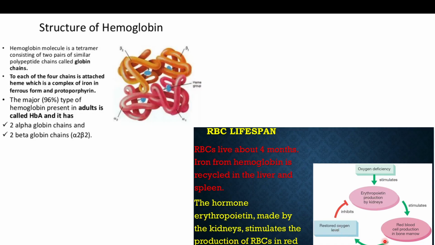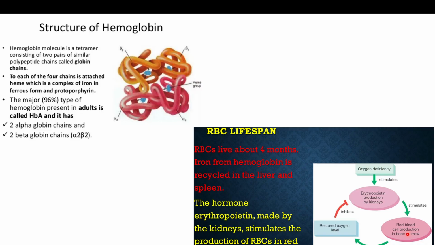Okay. So what happens in general is erythropoietin production by kidneys. When there is oxygen deficiency, it stimulates erythropoietin production by kidneys, which in turn stimulates red blood cell production in the bone marrow.